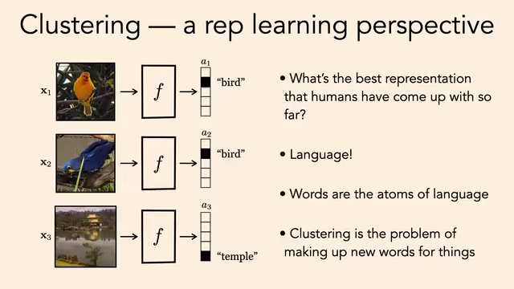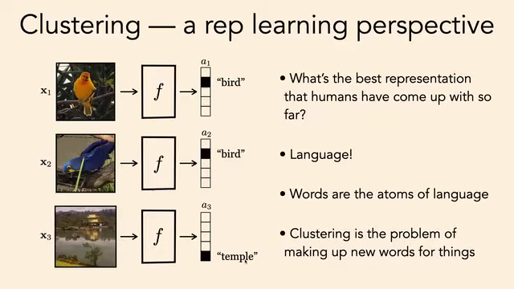It's like saying, I will map every image like this to this cluster, and I can just label it arbitrarily with a word. Language has more structure beyond the words, but words are an important part of it. So clustering is the representation learning problem of finding new words for concepts.